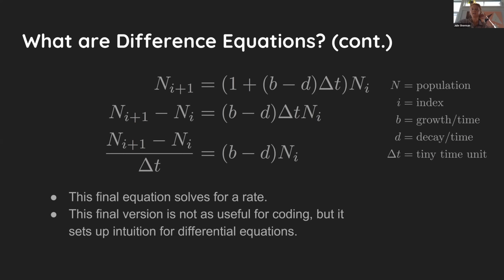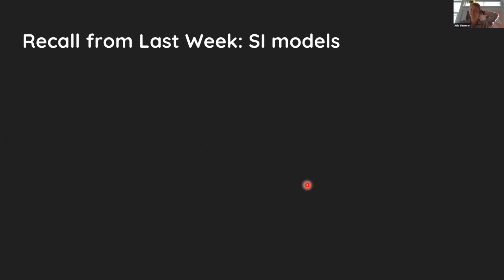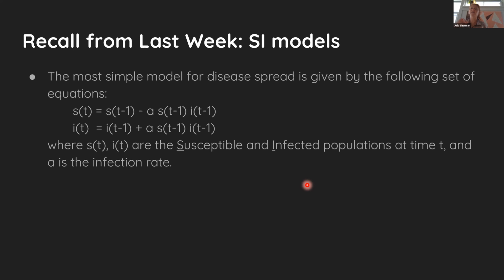Great. So I'm going to go ahead and do a few examples throughout this lecture. And the first one is one that we actually saw last week. So you'll remember that we were looking at an SI model last week, where we had S as the number of susceptible and I as the number of infected at a time t.